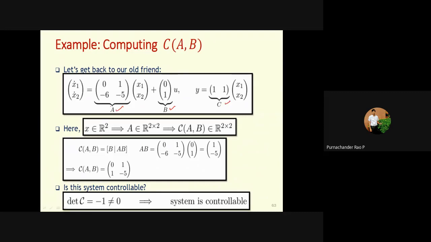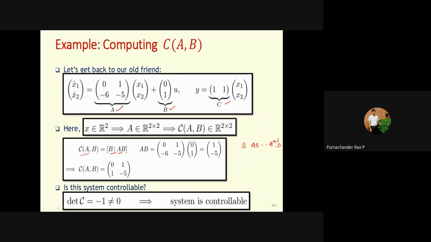So the controllability matrix is B, AB. Here the order of the system is 2 only, therefore you will get only B, AB. If the order of the system is 3, you are going to get B, AB and A squared B. Up to this will be B, AB and so on, A to the n minus 1 into B.